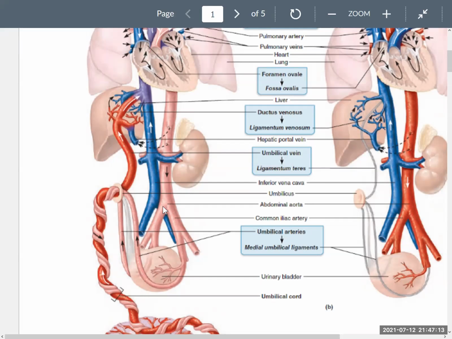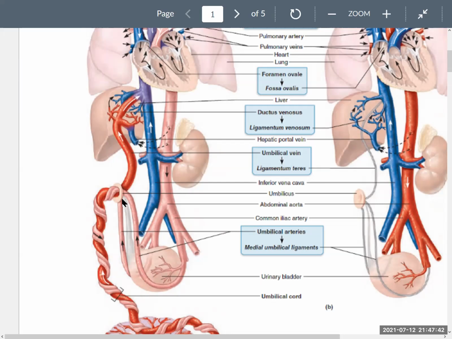Okay, some of that blood, not all of it, some of that blood will veer off into the femoral arteries and common iliac artery, into two vessels which we won't have as adults. Here's one of them, and here's the other. It's underneath, and they're going up beside the bladder. These are the umbilical arteries.